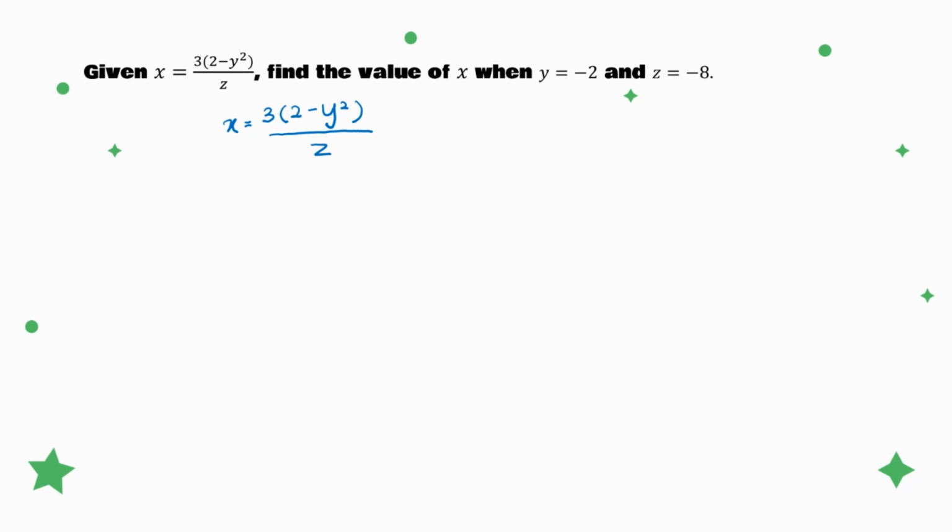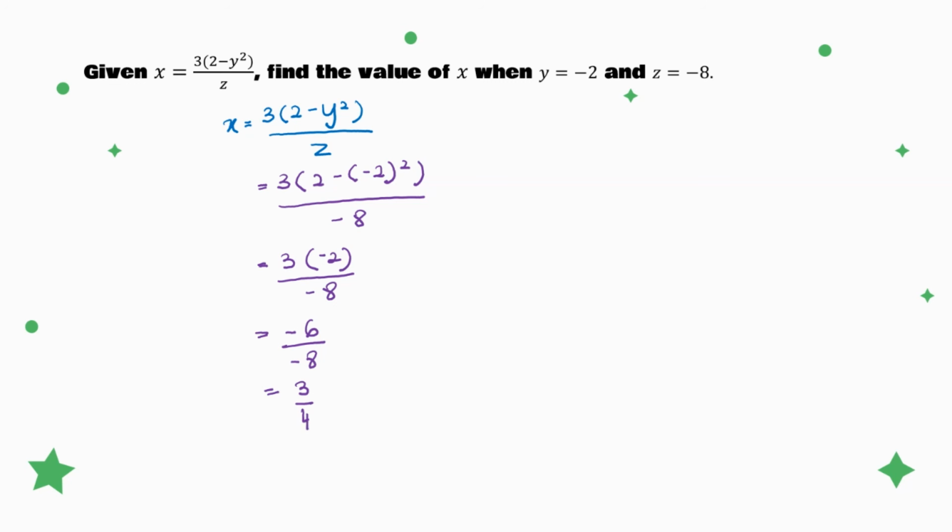So we substitute y and z into the equation. So 3 in bracket 2 minus in bracket negative 2 square over negative 8. So we'll get 3 in bracket negative 2 over negative 8. So we simplify negative 6 over negative 8 and the final answer is 3 over 4. So the value of x is 3 over 4.